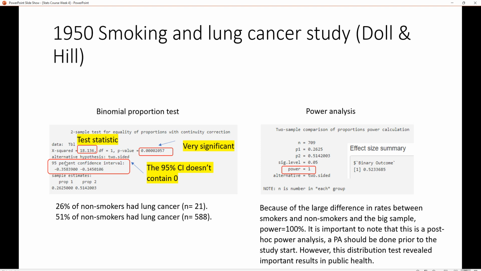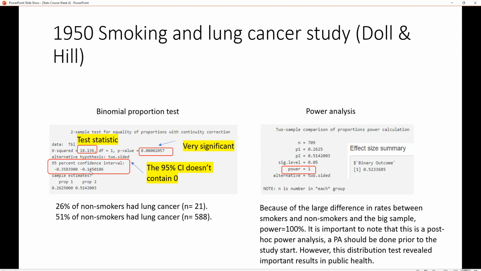We also have a 95% confidence interval on our group difference. The 95% confidence interval doesn't contain 0, so that's another way that shows us this is a significant result. That range of differences would be between negative 0.35 and negative 0.14.